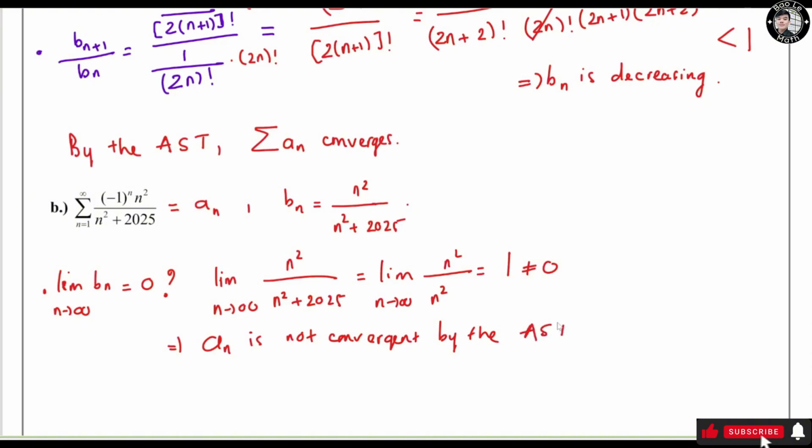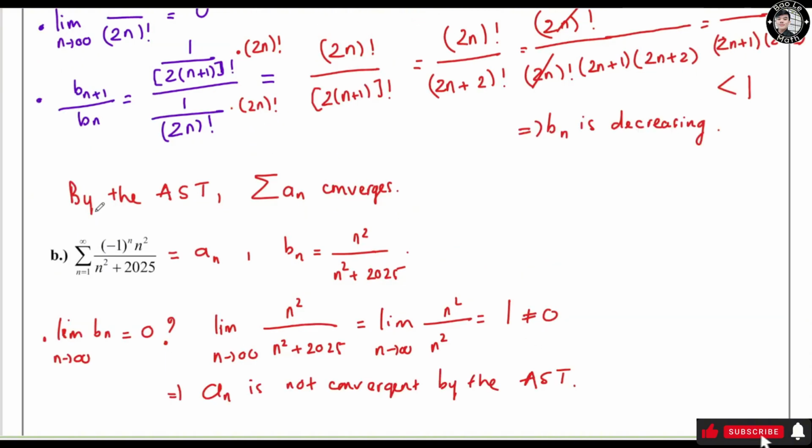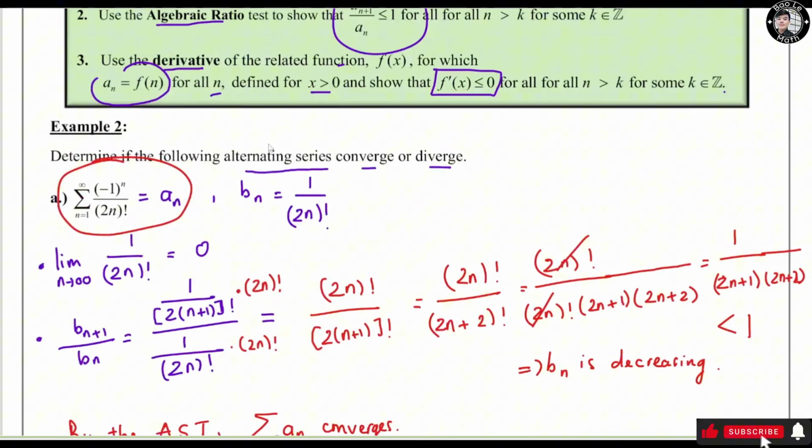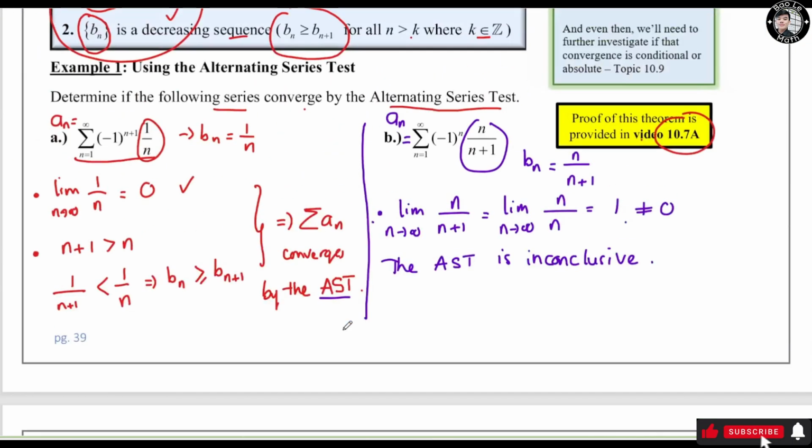alternating series test. Now you need to read the question carefully. The question says, determine if the following alternating series converge or diverge. It doesn't say that you need to use the alternating series test. This question is different from example number 1, which says, determine if the following series converge by the alternating series test.